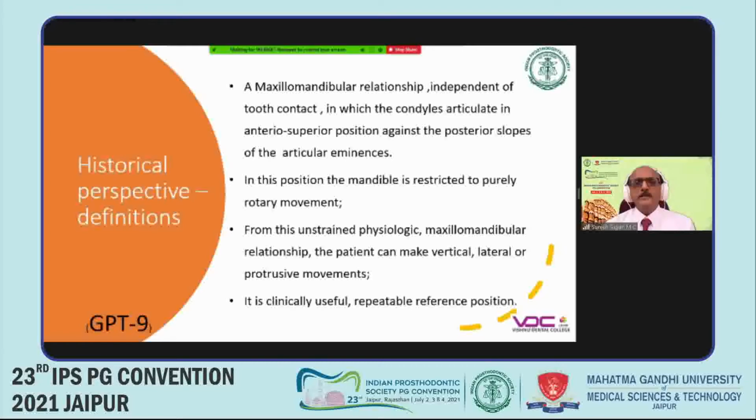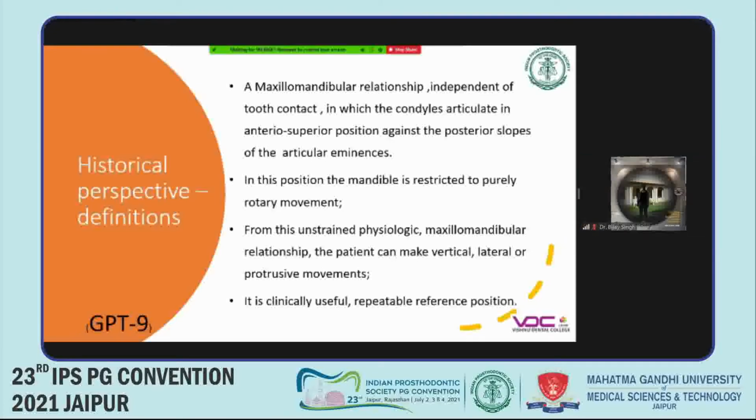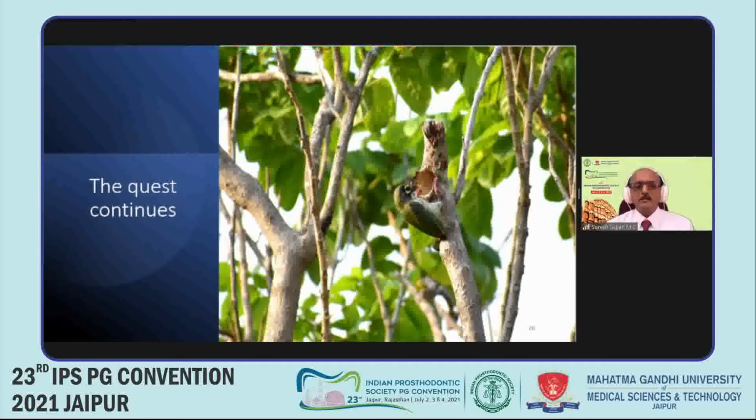Now they are saying it is a maxillomandibular relationship independent of tooth contact, and the condyles articulate in anterior superior position against the posterior slopes of the articular eminence. But its relation to the terminal hinge axis, that's a pure rotatory movement, still remains the same. And they also said it should be an unstrained physiologic relationship. So this is the point to begin with, and this is the point to end with.